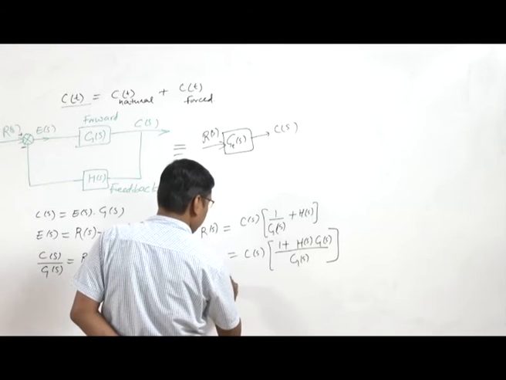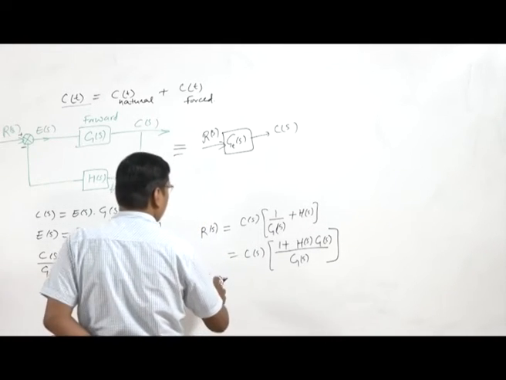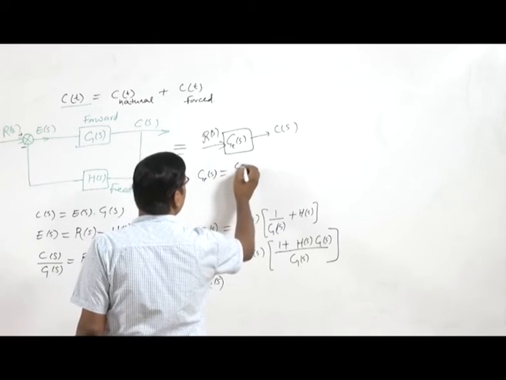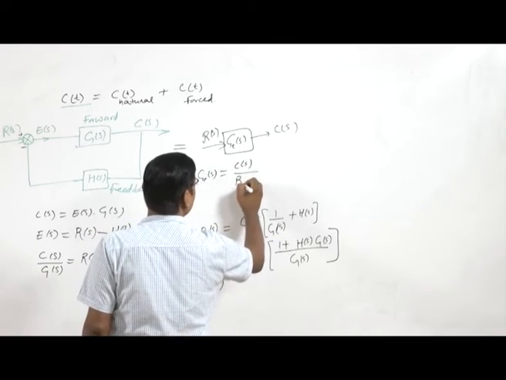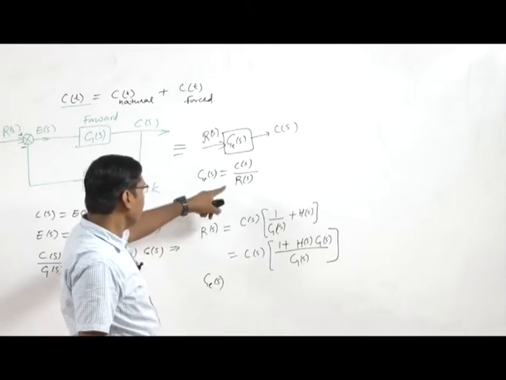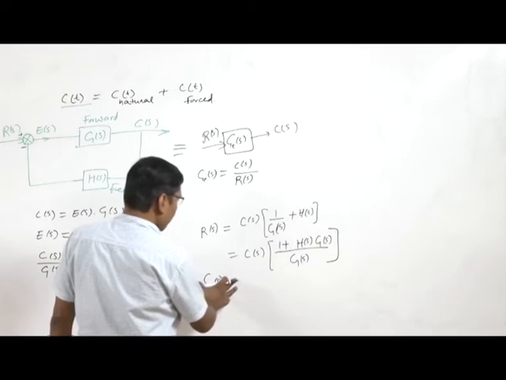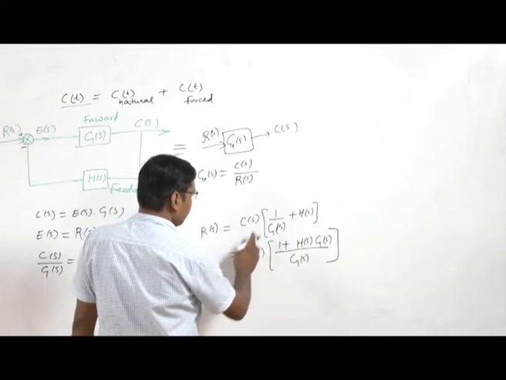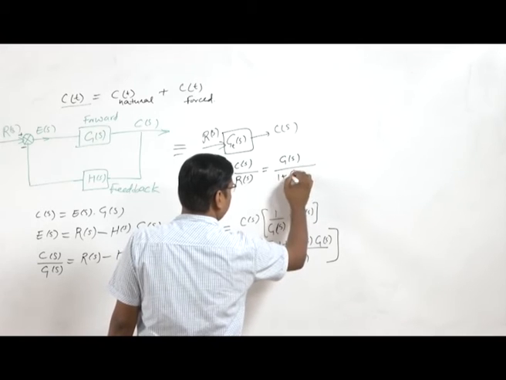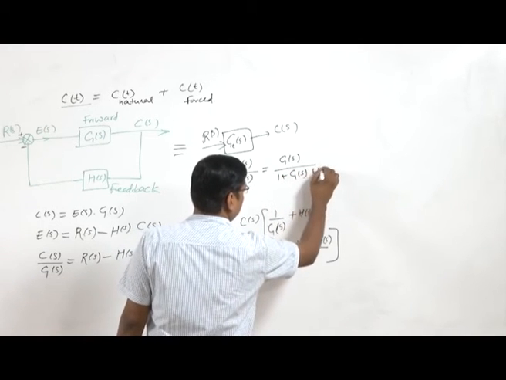So here GE(s) equals C(s) by R(s), the output transfer function by input. So C(s) by R(s) is equal to G(s) upon 1 plus G(s)H(s).